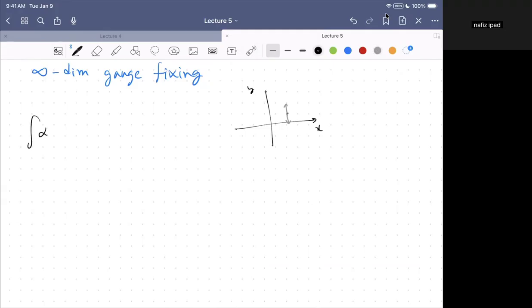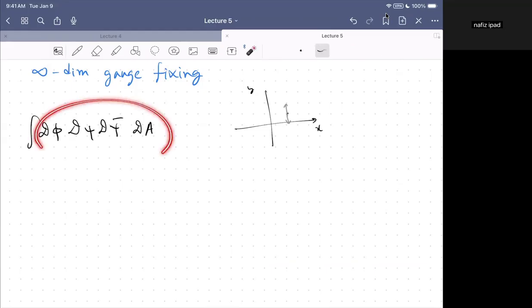We have integration over our fields. And just to be explicit, if you have some field phi and then some fermion psi bar, also include those. Basically include all of the fields that you have. And then you have the gauge fields. So these are the integration domains, the space of all fields, including the gauge field.